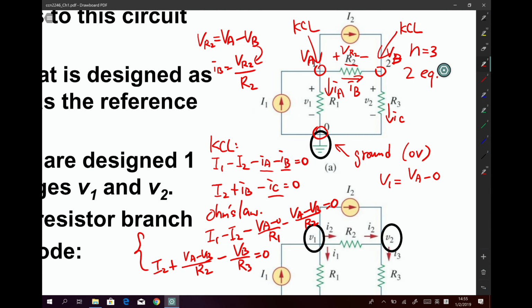Now you see the point here that the idea is that instead of finding each of the branch voltages, you can find the loop voltage instead. You are going to find VA and VB with reference to the ground loop. And after you find VA and VB, you can find the other parameters easily. Now this is the major idea for the nodal analysis.